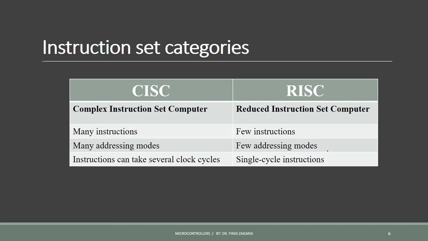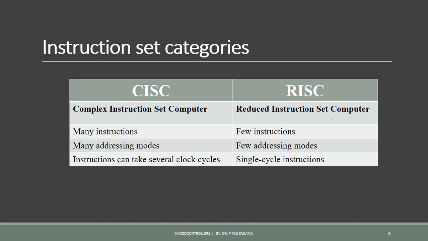Concerning the instruction set categories, we have two categories, the CISC and RISC. CISC means complex instruction set computer. It allows the user to apply one instruction as an alternative to many simple instructions. RISC means reduced instruction set computer.